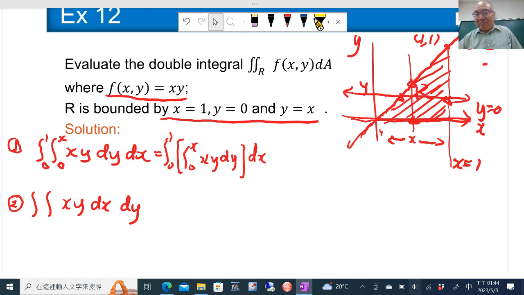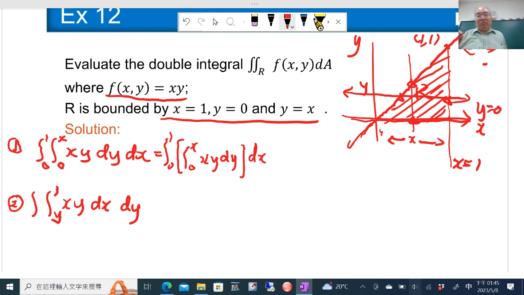Y is given. So your x should be starting from y and go all the way to the right when x equal to 1. Right? So we will have y to 1.